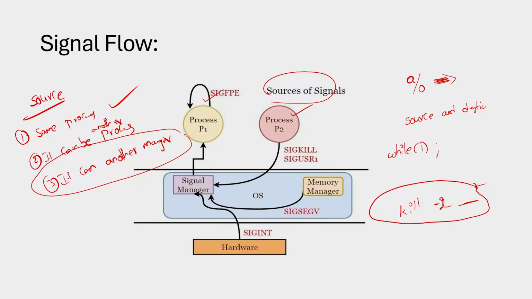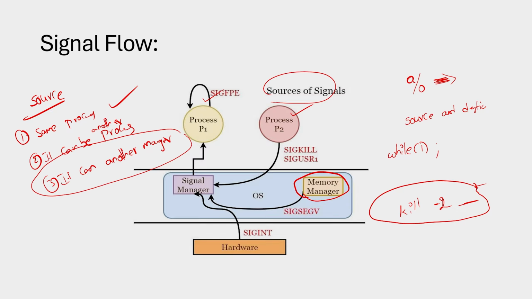A segmentation fault will happen. Okay, so who will send that segmentation fault? The memory manager. So what we can say is, signal source can be another manager also. In this example, the memory manager is sending. Okay, so these are the sources.